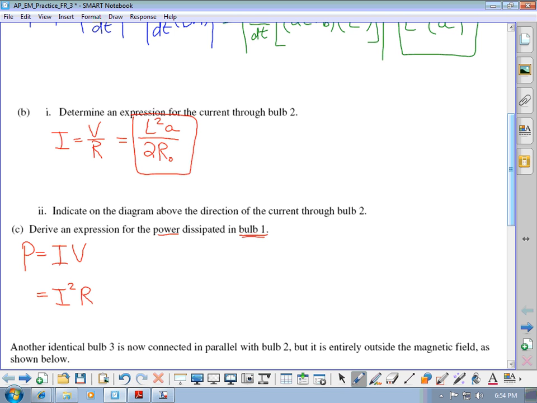Either way. But again, writing those down is not enough. You needed to substitute in values. The current through bulb 2 is what we just calculated. The current through bulb 2 is the same as the current through bulb 1.